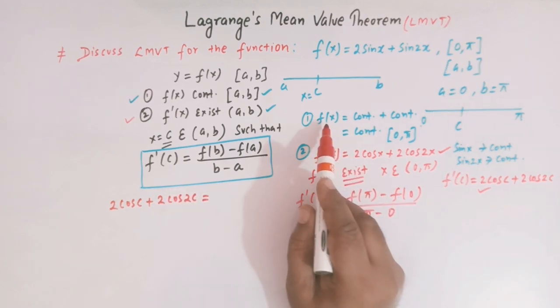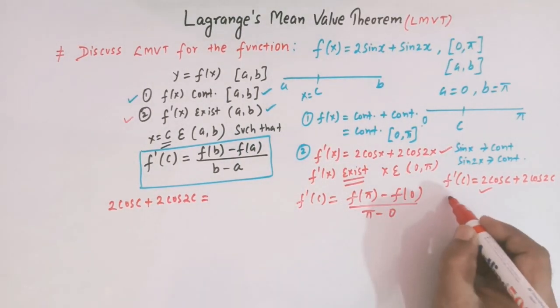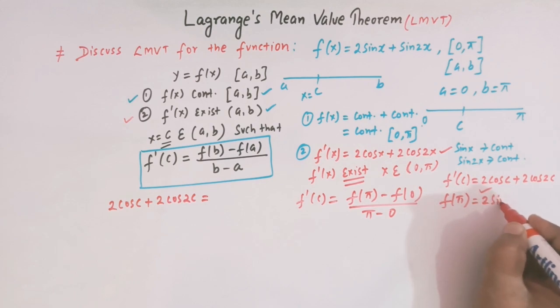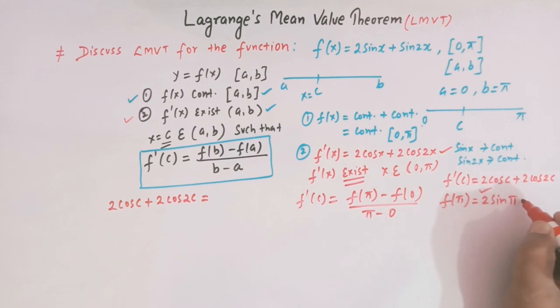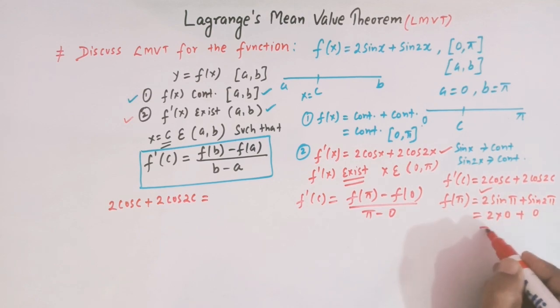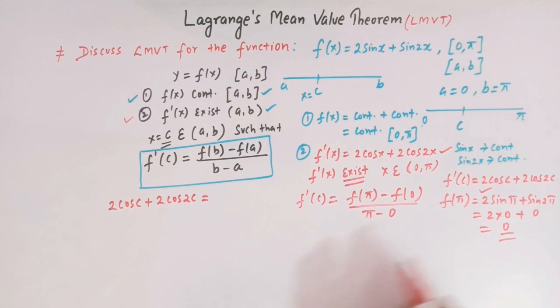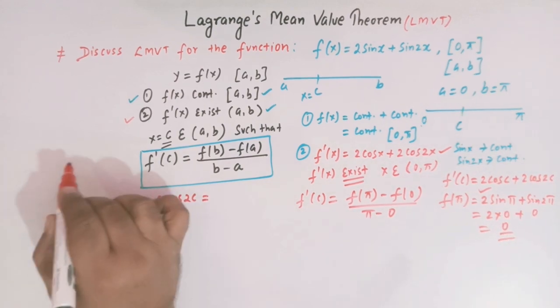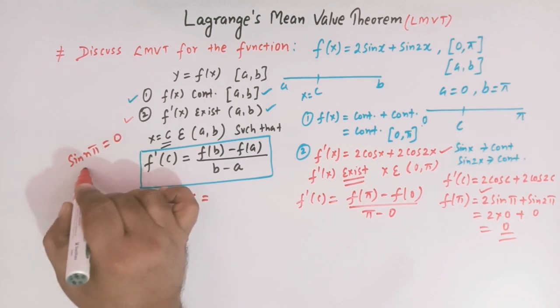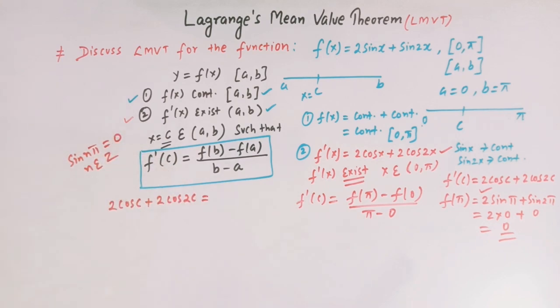So we have 2 cos c plus 2 cos 2c is equal to the quotient with f of pi. Now let us calculate the value of f of pi. So f of pi is 2 sine pi plus sine 2 pi. We know that the value of sine pi is 0, and similarly sine 2 pi is also 0, so this is 0. Moreover, we know from trigonometry that sine of n pi is equal to 0 whenever n belongs to the set of integers.